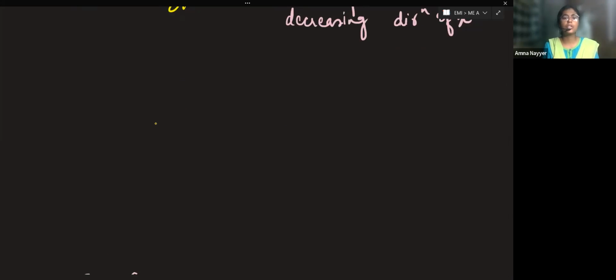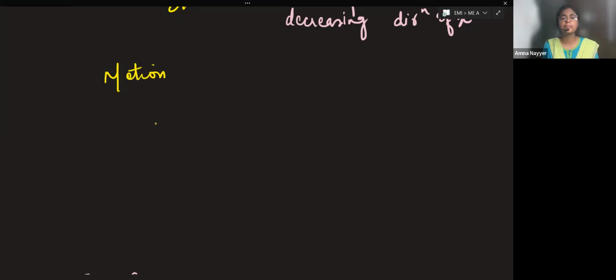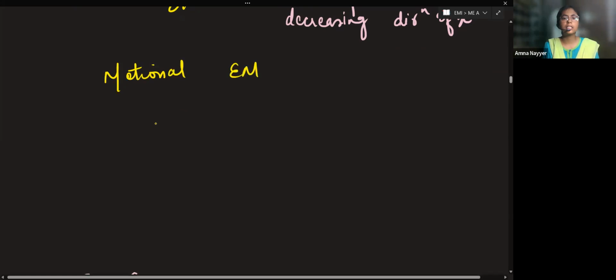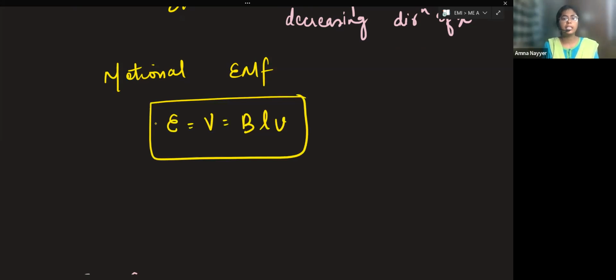Got it? So your motional EMF is what? Motional EMF, this will be E or V, equal to BLV. This is the potential difference or EMF you can say.